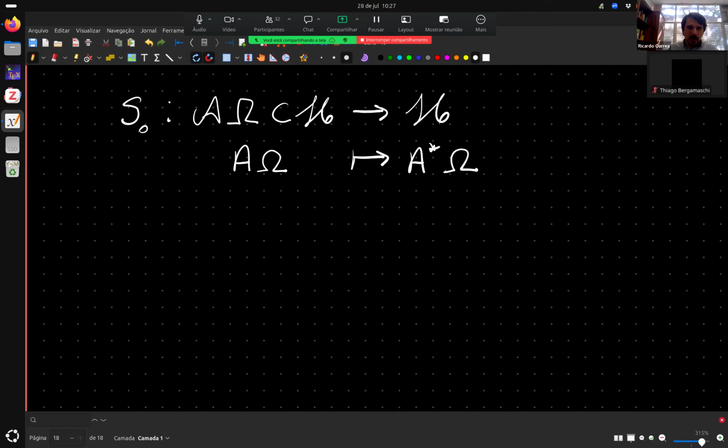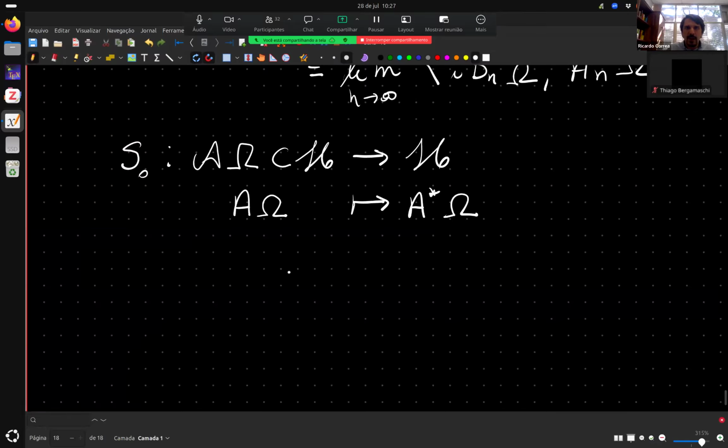Okay, what does this operator do? Well, it takes one vector and associates another vector. But one tricky thing that may show up is why this operator is well defined.